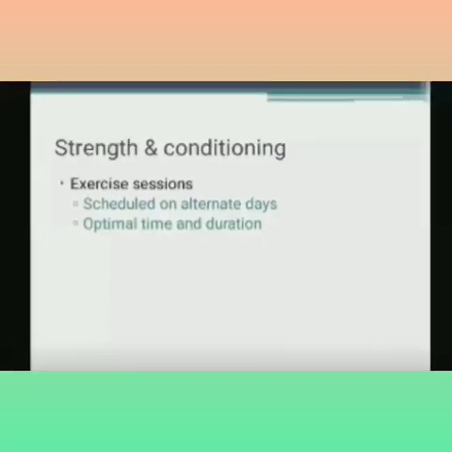So you have to keep observing the changes in the strength of the patient to decide the intensity of the strengthening or conditioning process. Usually this strengthening is scheduled on alternate days to give rest to the muscles, and you have to decide the optimal time and duration that we discussed. Another very good method of strengthening is circuit training.